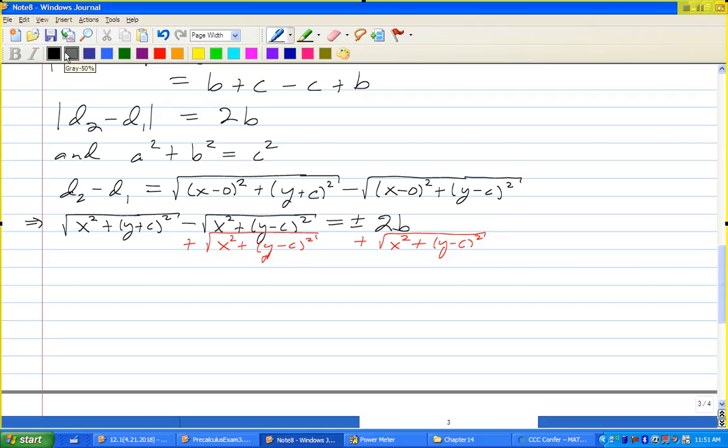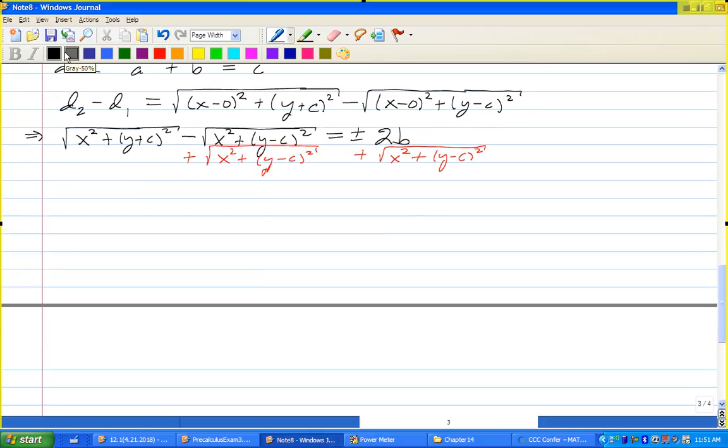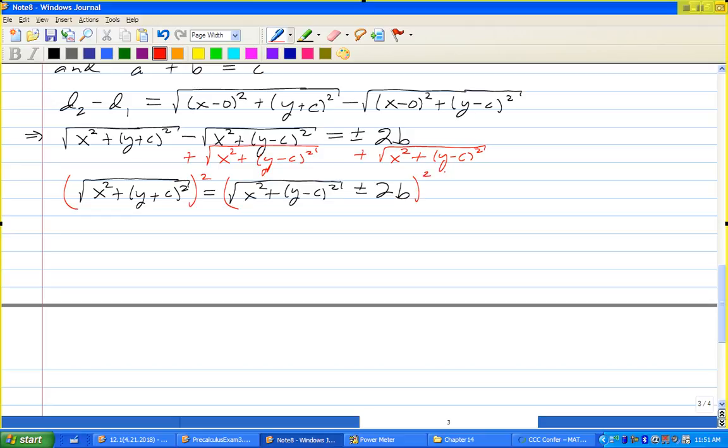So I get the radical of x squared plus (y plus c) squared equals the radical of x squared plus (y minus c) squared plus or minus 2b. Square both sides of your equation. The square gets rid of the square root.